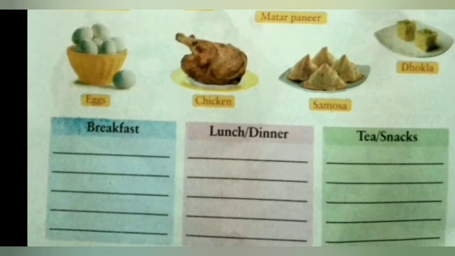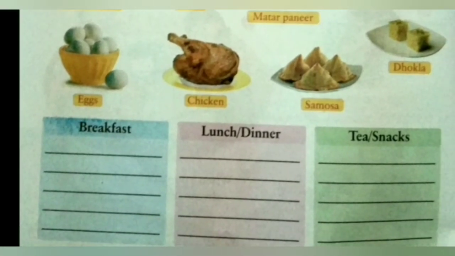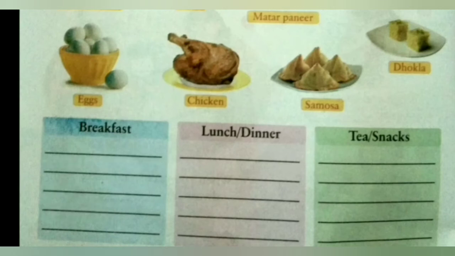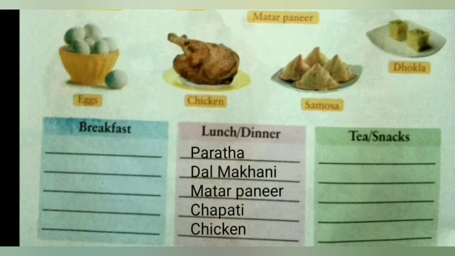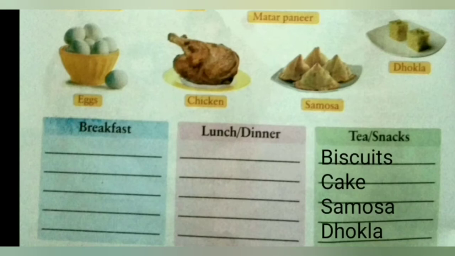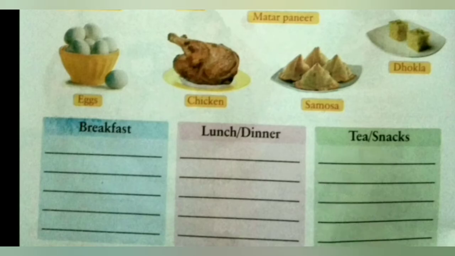So we can write here bread and butter, eggs and cornflakes in the space given for breakfast. Now for lunch and dinner we can write paratha, dal makhani, matar paneer, chapati and chicken. For tea snacks we can write biscuits, cake, samosa and dhokla.